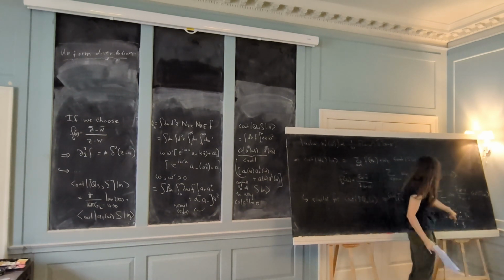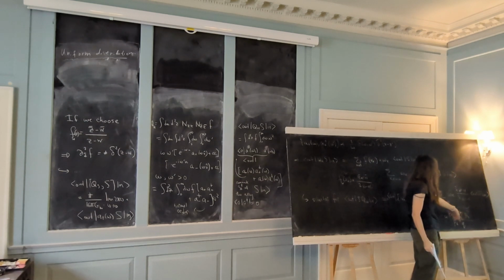So you see there are two factors of pk that come with omega k in the numerator, one factor in the denominator.